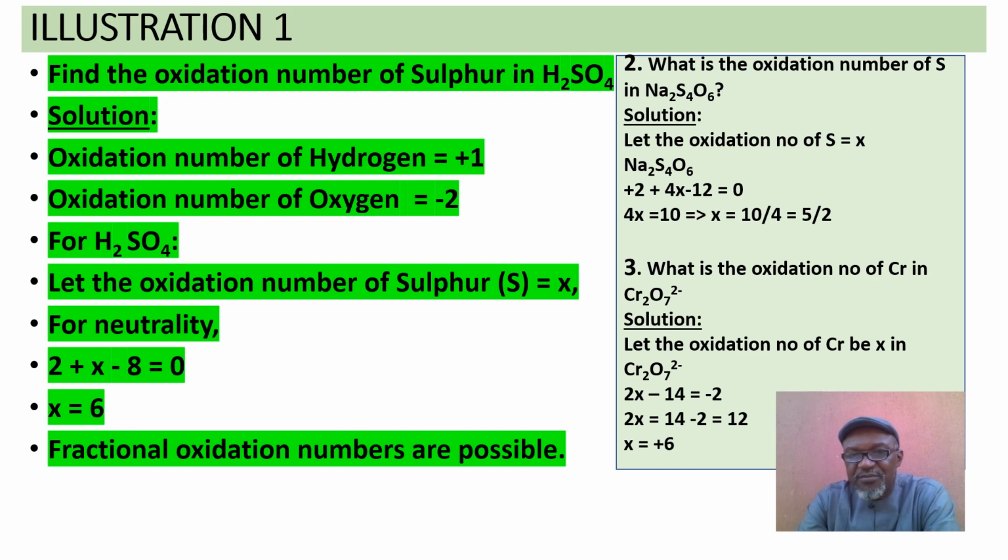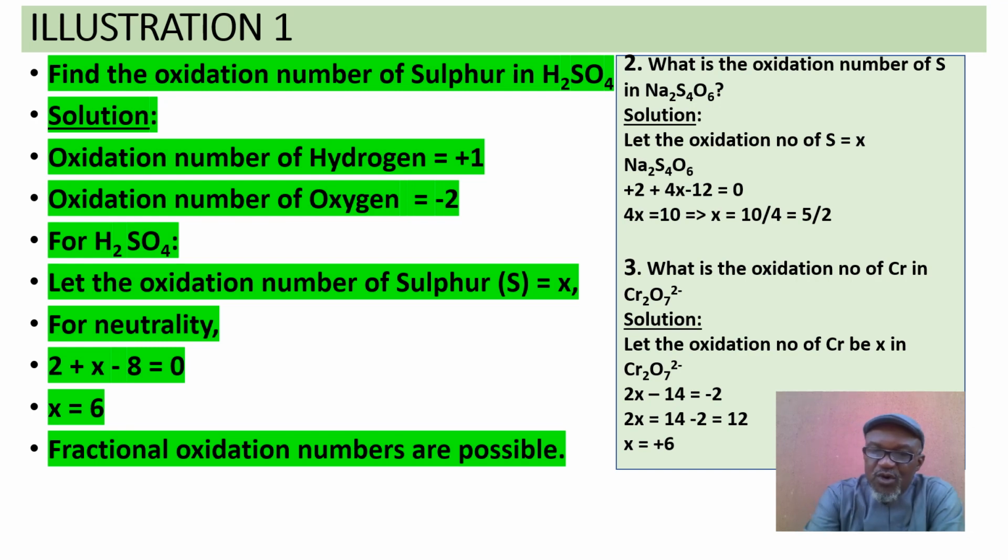Let the oxidation number of sulfur be X. So for sodium, +1 times 2 atoms will give us +2. Sulfur is 4 there, so +4X. Oxygen oxidation number is -2. We have 6 atoms. 6 times 2 is 12. So we have +2 plus 4X minus 12 equal to 0. When we solve that, we have the oxidation number of sulfur as equal to 5/2.